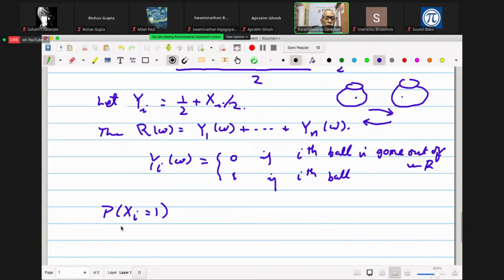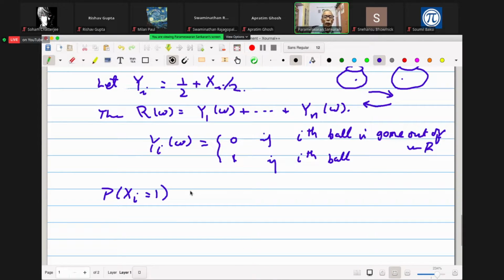Since any ith ball can be chosen, the labeling doesn't matter. It's the same.